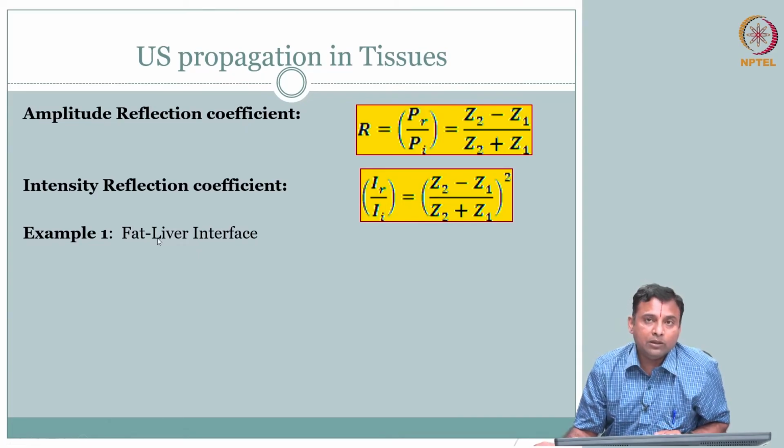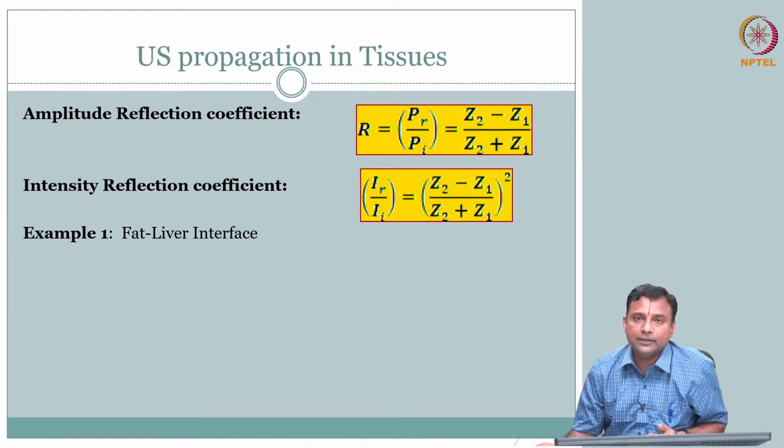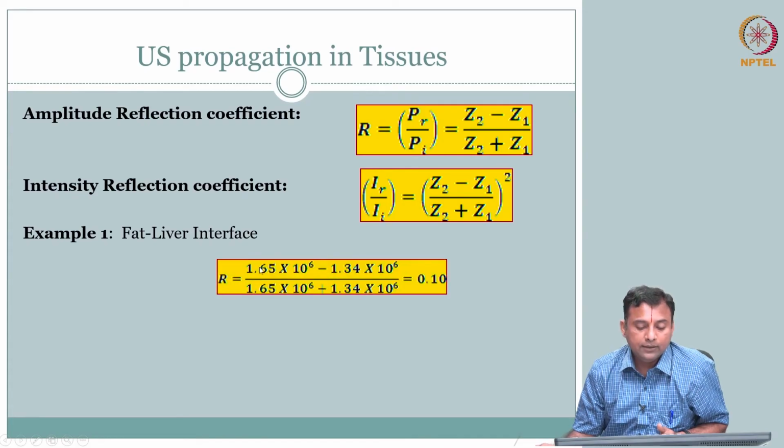If you look at the table that was shown a few slides ago, we had Z for liver, Z for fat, Z for water, your acoustic impedance. So now what is the R? R, the amplitude reflection coefficient, is going to be Z2 minus Z1 by Z2 plus Z1. Z2 is your liver, Z1 is your fat. So what is going to be the reflection coefficient, right? R is only 0.1.